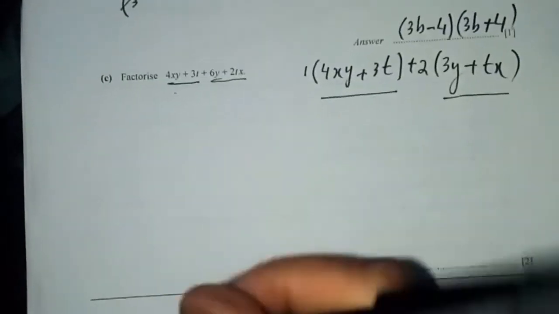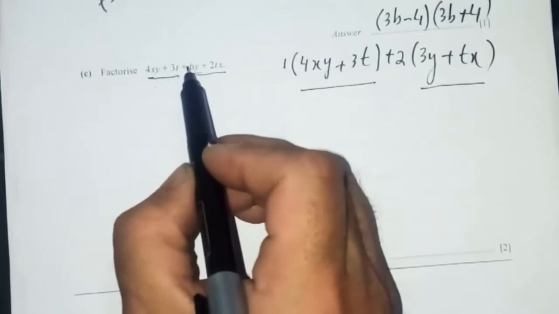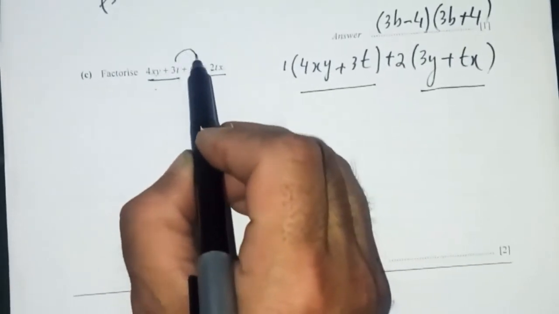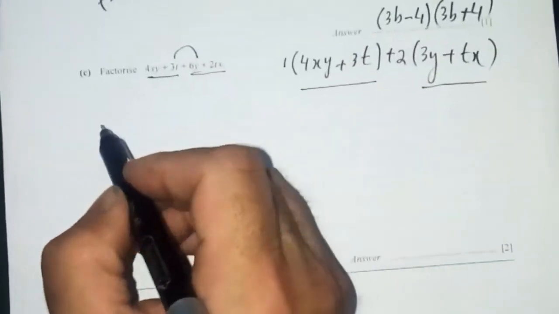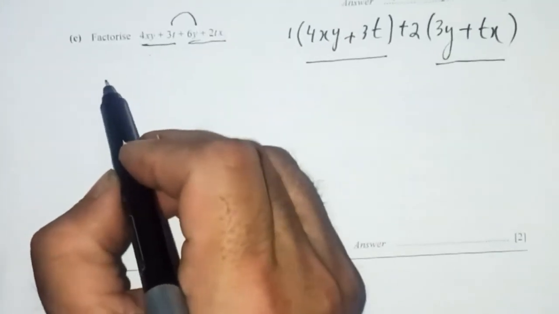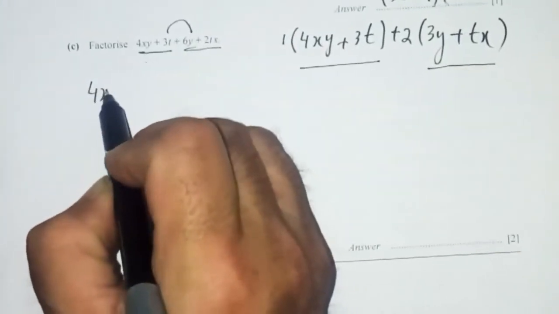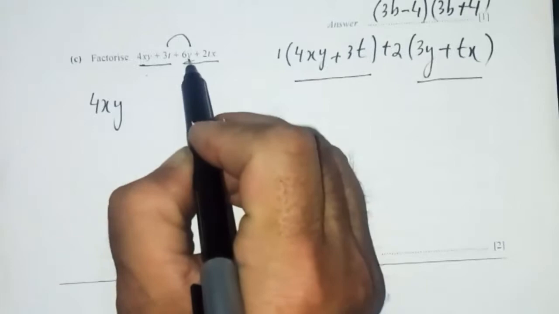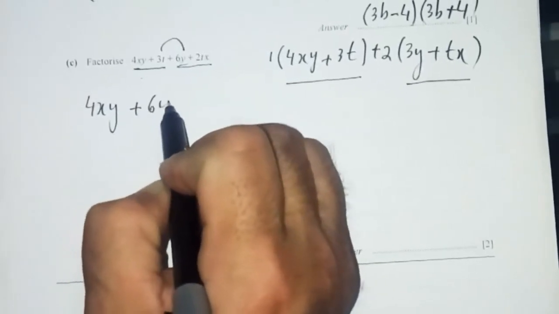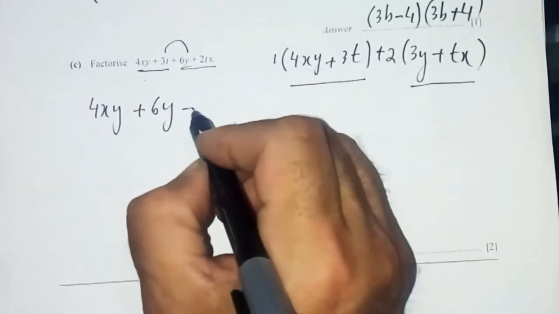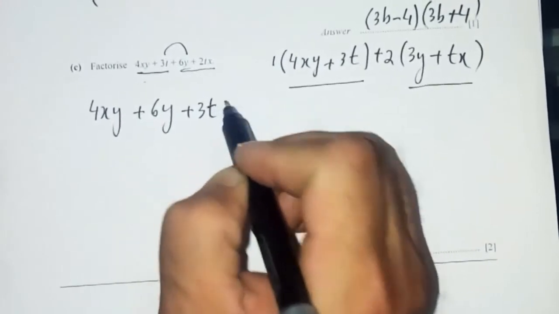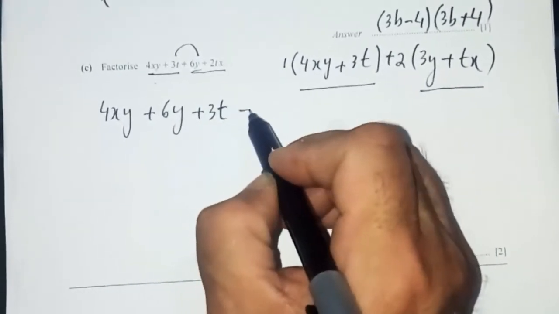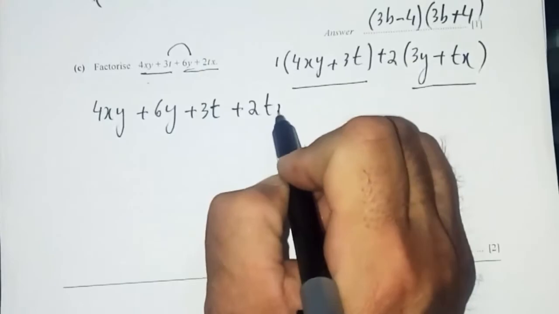So what do we have to do? In this question, we will switch these two terms. So let me switch them. 4xy, let me write this first, plus 6y. Then this plus 3t and plus 2tx.